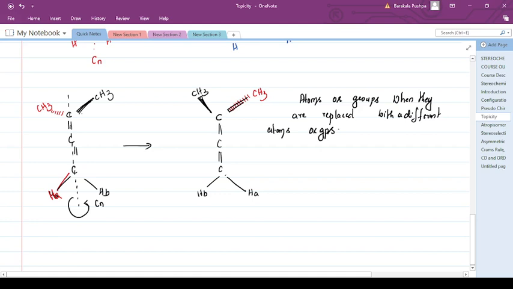On rotation around the Cn axis, the groups which are above the plane go behind the plane, and those which are behind come above the plane of the paper. The structure is identical, hence they are homotopic ligands. Homotopic atoms or groups cannot be differentiated by NMR spectra. This is homotopicity, the different thing we have discussed so far.